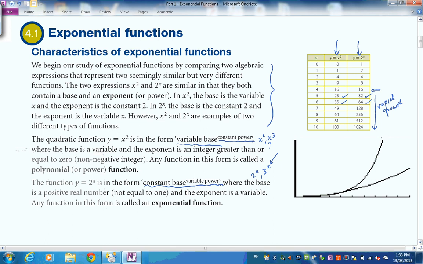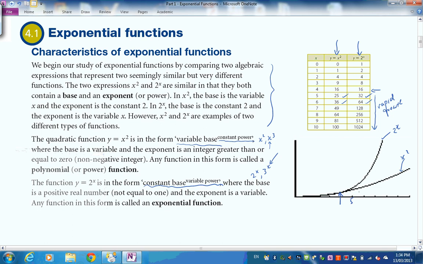So this is 2 to the x. This is the graph of 2 to the x. This is the graph of x squared. After a while down here, see that point there, when x is 4, they both come to 16. I don't think that's actually the one. Just go back a little bit before here. In there, when x is 4, they're both 16.